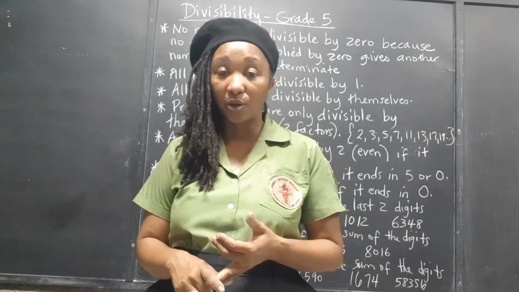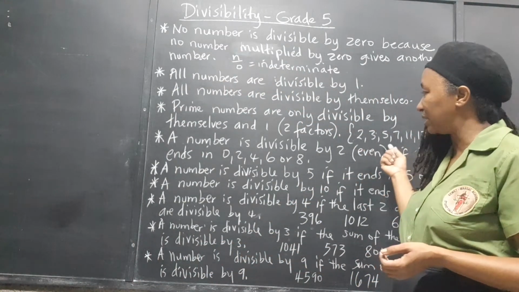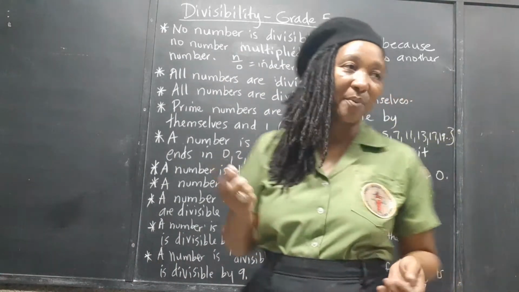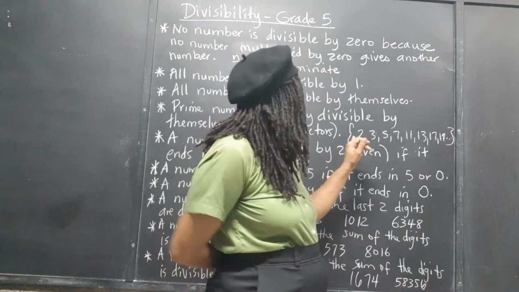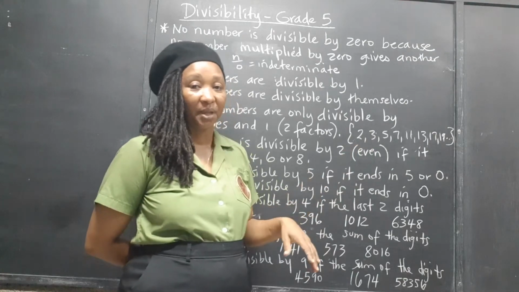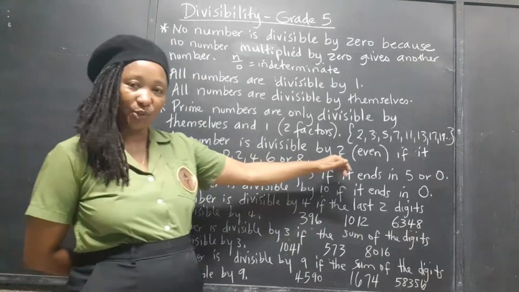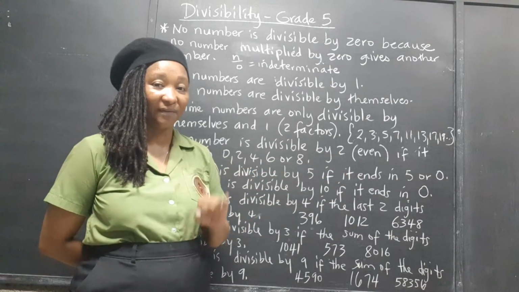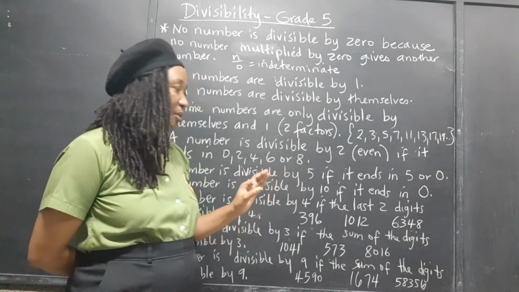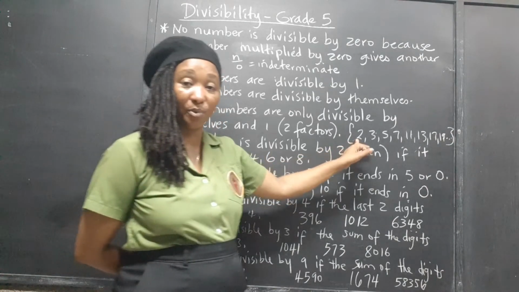Themselves and number 1. And these are our first set of prime numbers. So the prime numbers below 20, 2, and 2 is the only prime number that's even, because the other even numbers are divisible by 2. So that means they would have at least 3 factors. Prime numbers can have only 2 factors. So 2 is the only even number that is prime.